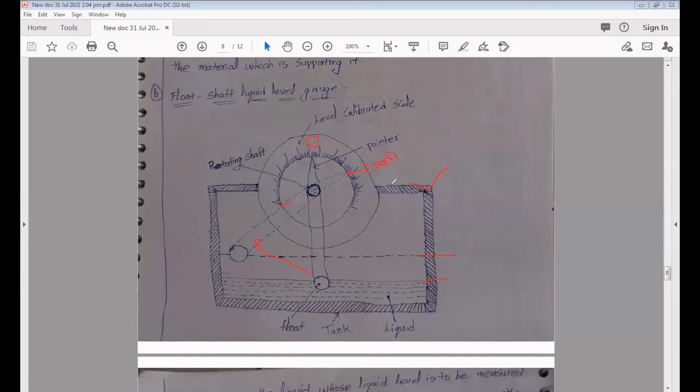In the previous case it was a linear variation, in the sense that the float moved either upward or downward. But in this particular case, the float is moving either to the left-hand side or the right-hand side with a certain angular displacement, whatever the liquid quantity may be. As I already told, initially the liquid level is, suppose for example, 10 meters.